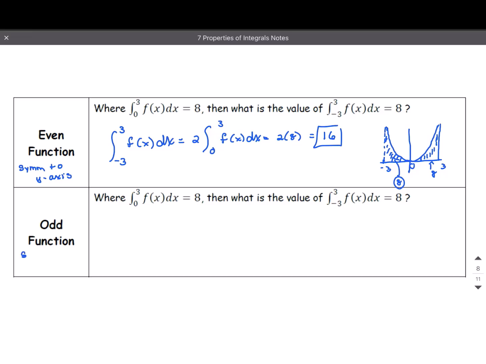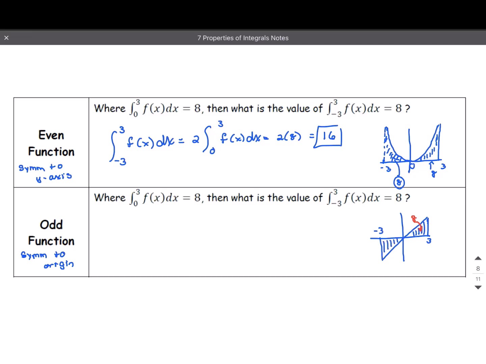Now, odd functions are symmetric with respect to the origin. So let's take a basic function, let's just make it a linear function here, okay? And if we know that from 0 to 3, we have area here that is 8, what happens when you go from -3? What do we know about this area?